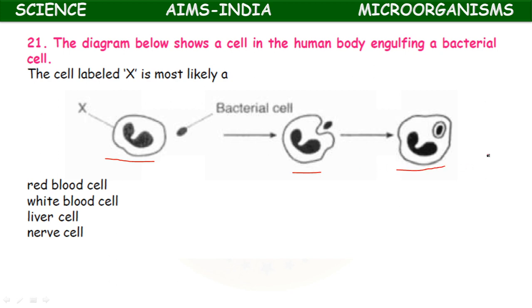This is called phagocytosis. So, what is that cell? Here the 4 options are given: red blood cell, white blood cell, liver cell, nerve cell. So, here the answer is white blood cell. Answer is WBC, white blood cell.